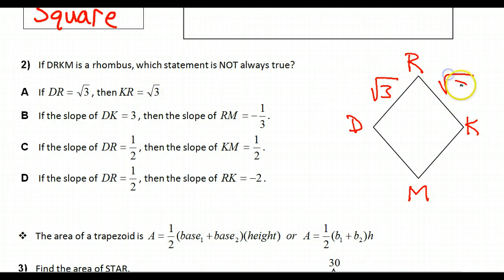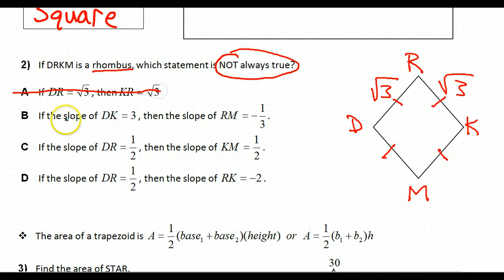KR is right here. Is that always true? Yeah, that's always true. This is a rhombus. If it's a rhombus, all 4 sides are congruent. If this is radical 3, then they're all radical 3. So that is always true. We're looking for one that is not always true, so A cannot be the answer.